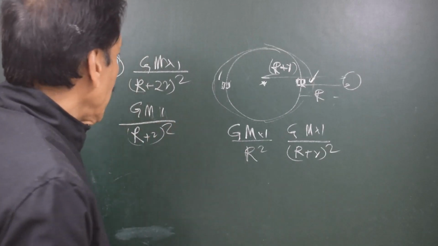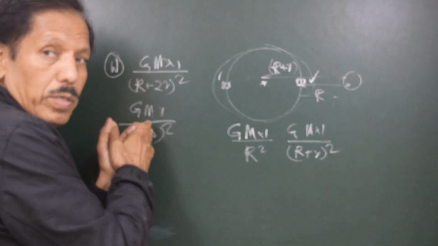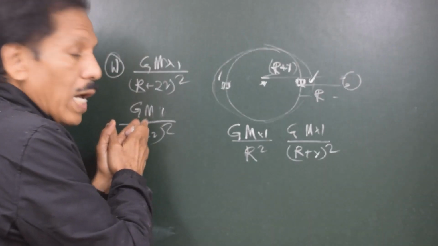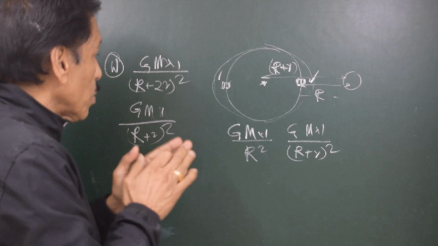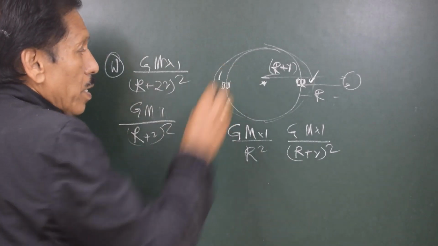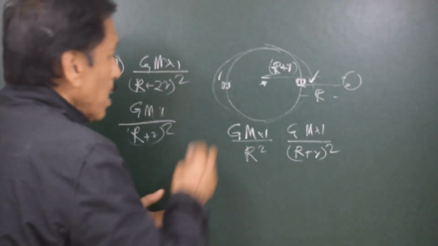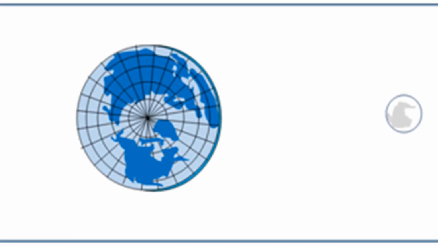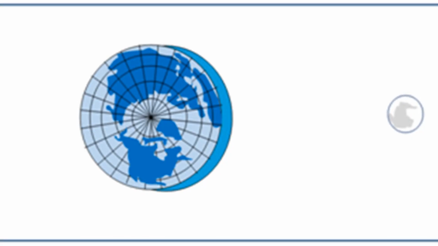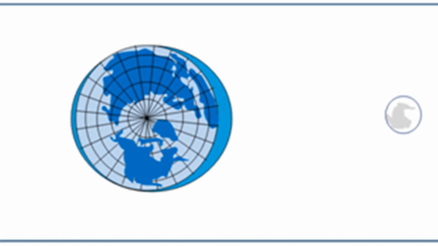So once again we see that the pull on the 1 gram of solid earth is much more compared to the pull on 1 gram of liquid, which means that there is a greater force acting on the earth in general compared to the rest of the water.